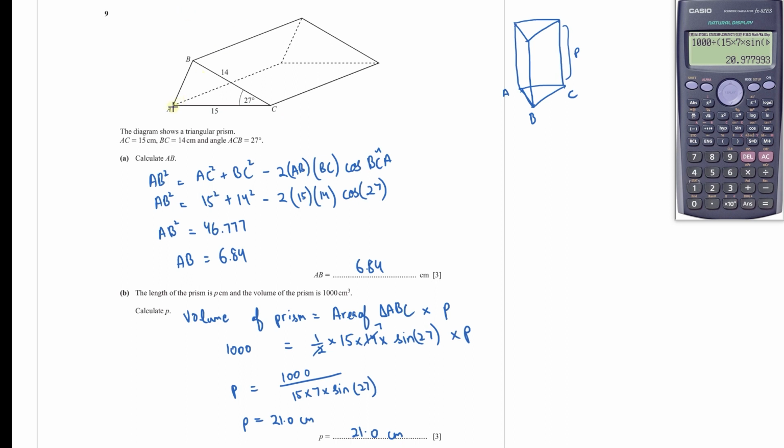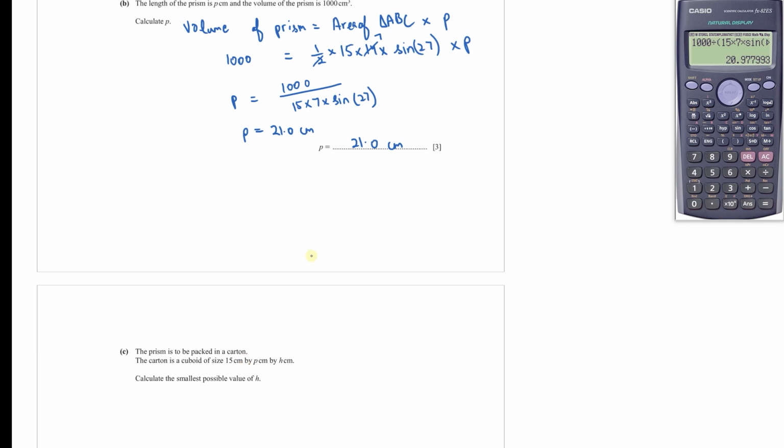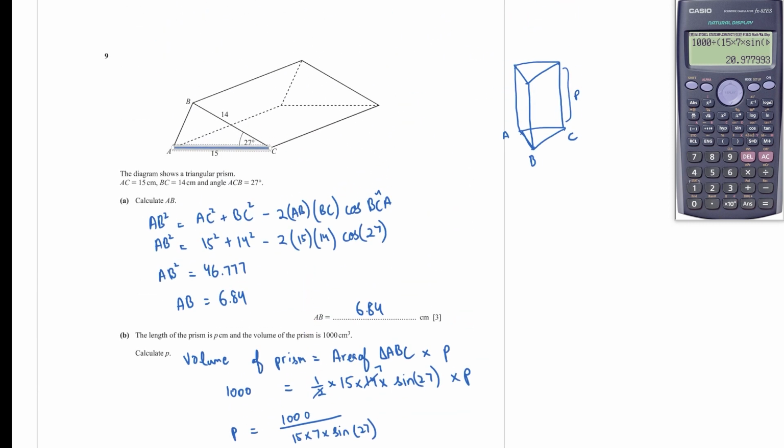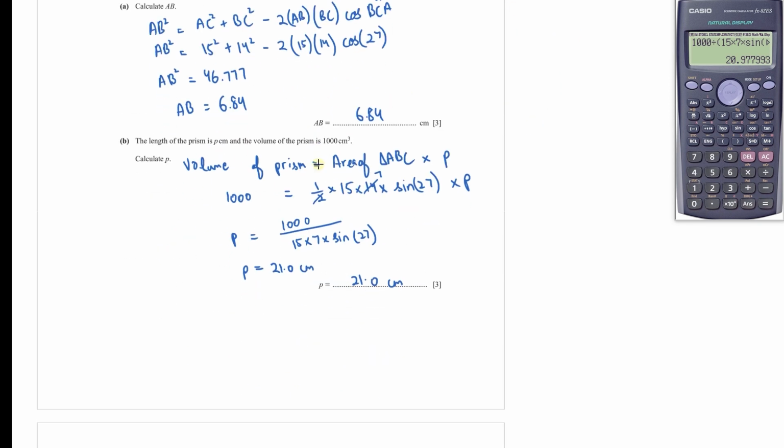So let me draw a cuboid around this in which we will say we are packing this prism. So this will be one side of my carton, which is given 15 centimeter. And one other dimension also given is this side, which is P centimeter.